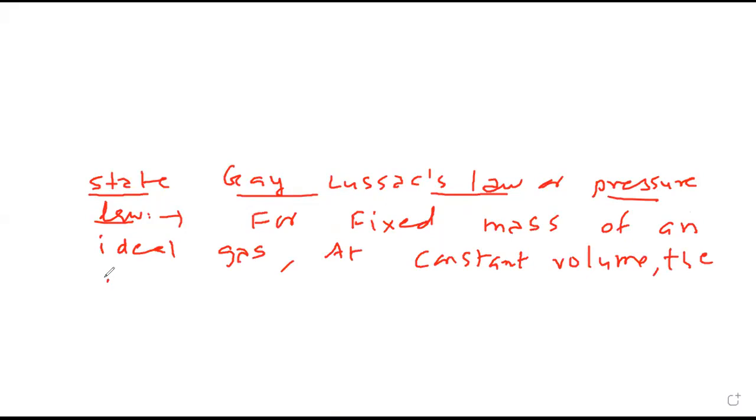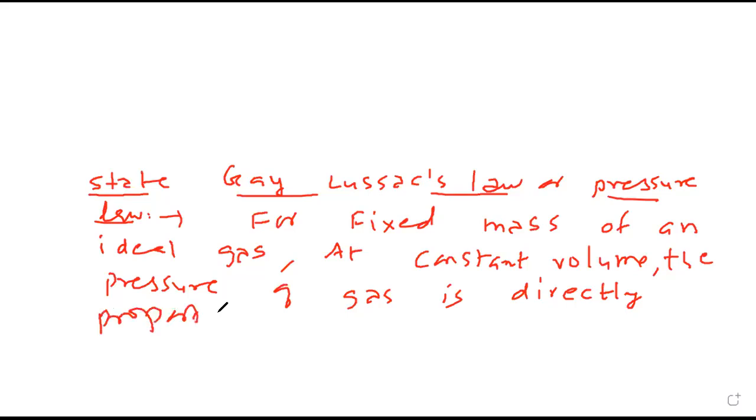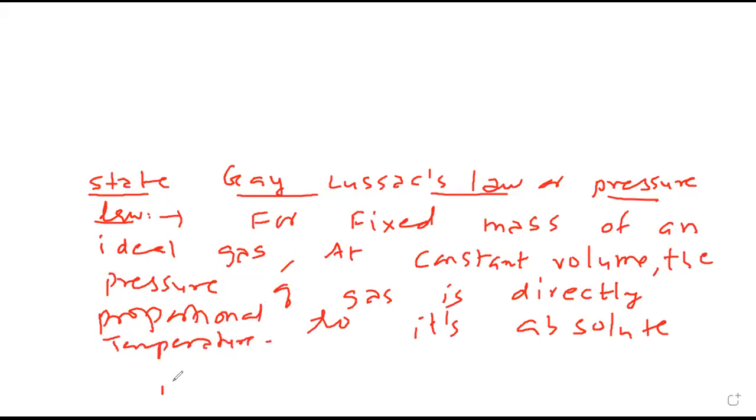the pressure of gas is directly proportional to its absolute temperature, that is P proportional T. Therefore, P upon T equals constant.